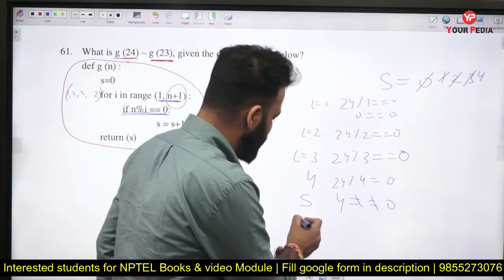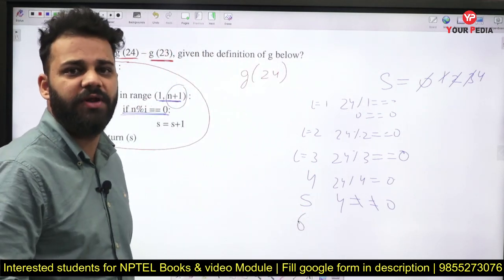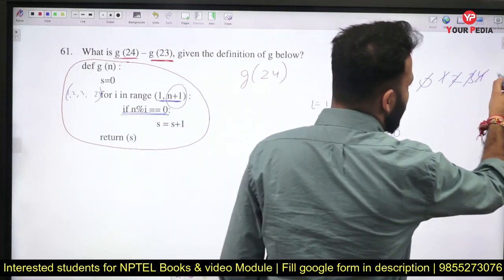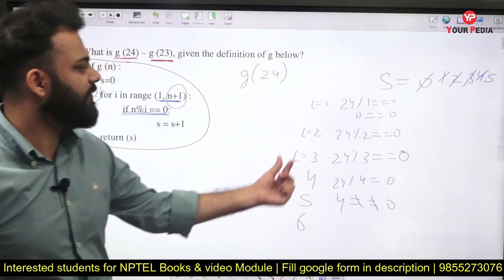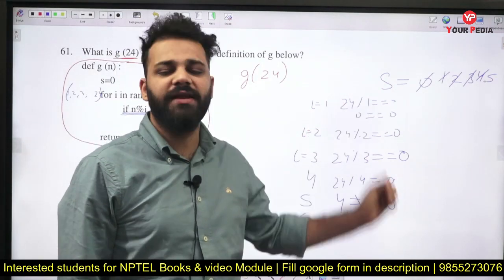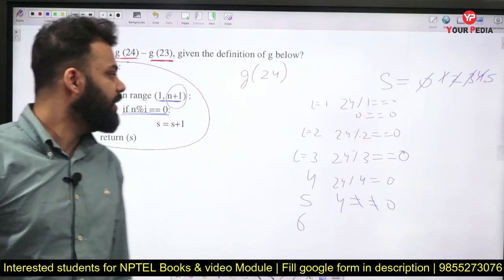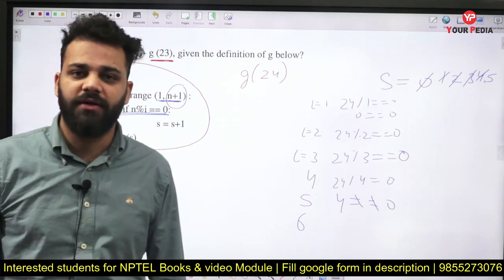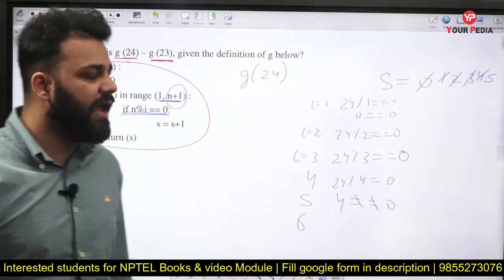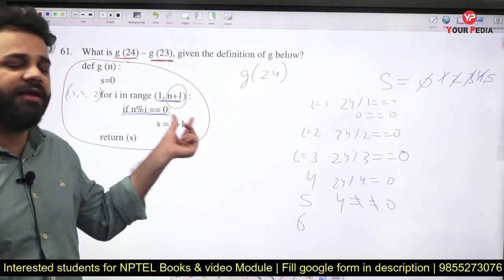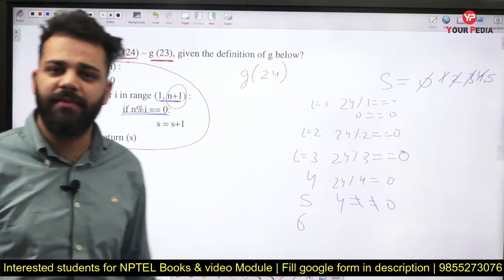Now if you take I equal to 6, again 24 divided by 6, 6 is a factor of 24, so again it will be incremented. So as you can see, if the number is dividing the value of n and there is no remainder left, it is a proper divisor of n, then the if statement will be true and we will enter the if statement and s will be incremented.